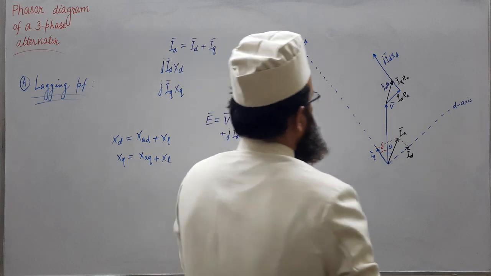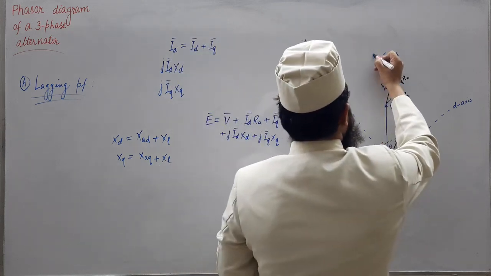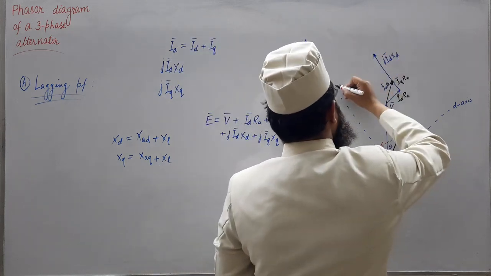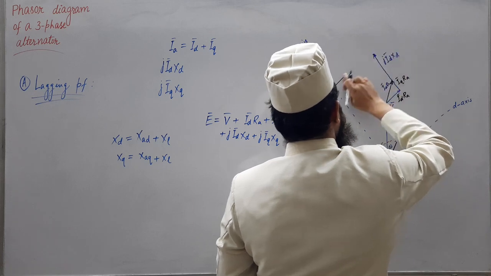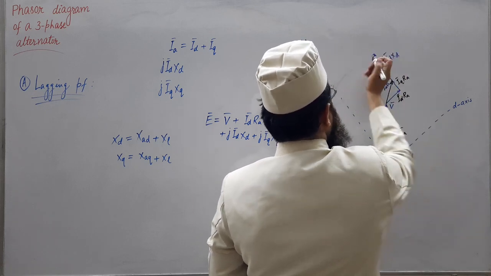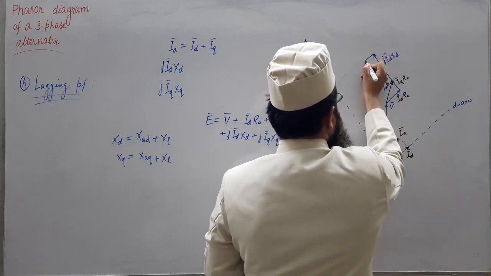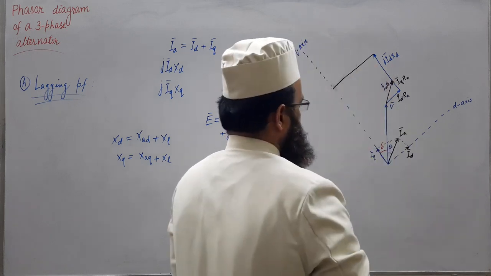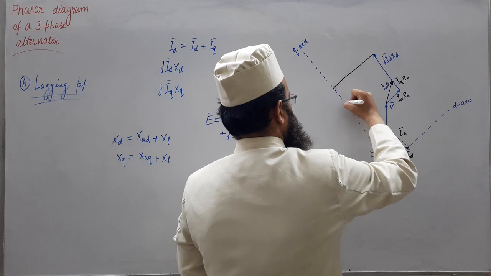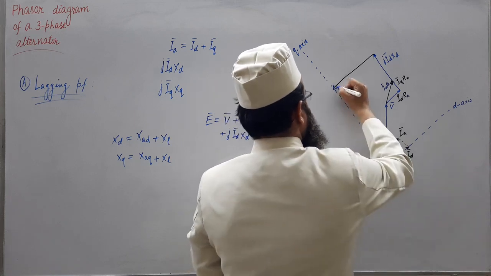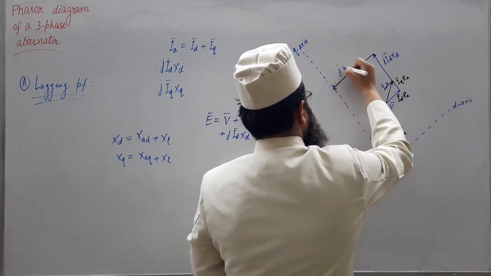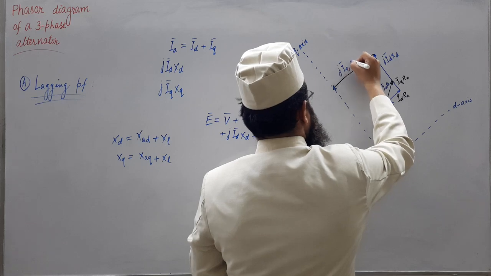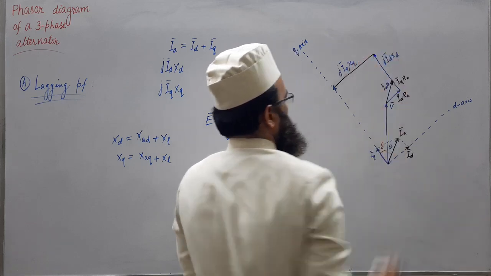Extend from here. This is J times IQ XQ.